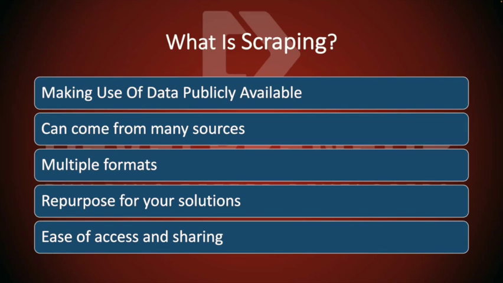Like I said, your goal is that you're going to repurpose this for whatever your solution happens to be. Let's take the job example. Maybe you want a site that allows people to just see what's out there, all of the, let's say, medical healthcare related jobs. So you could go to all of these different sites and essentially scrape data off of them, depending on how they're set up.